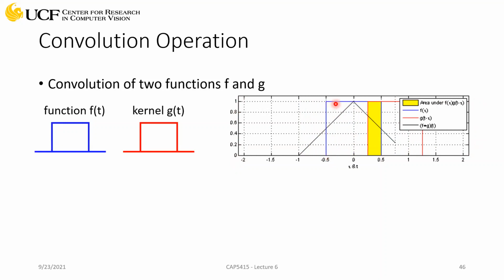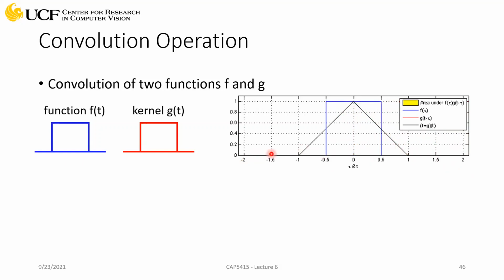The blue line is the function f, and the red one, which is sliding, is your kernel. We apply this kernel at all possible locations, starting from -2 all the way up to 2. You can apply beyond -2 as well, which is perfectly fine. We are just not showing it here.